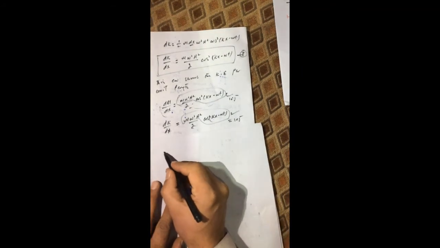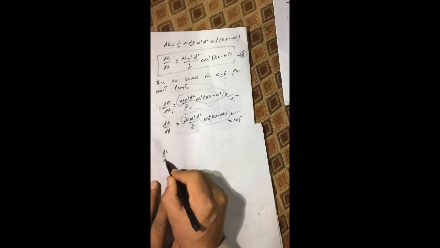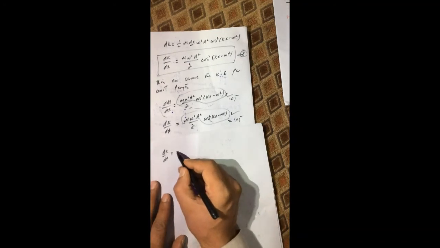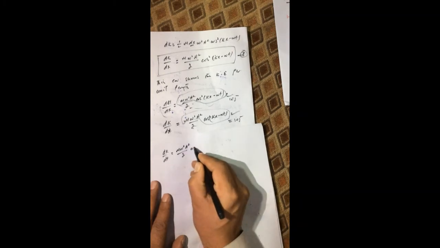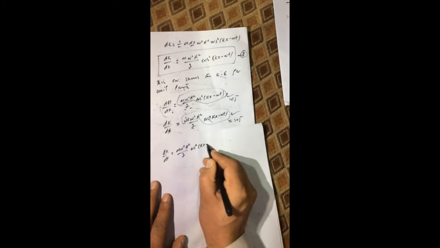Now I will explain where the kinetic energy is maximum and where the kinetic energy is minimum. So for that, I will consider the simple wave train, the simple wave in a string. So we have to remember that dK over dx is equal to mu omega square a square over 2 cos square (kx minus omega t).